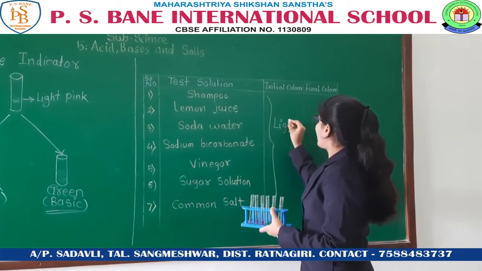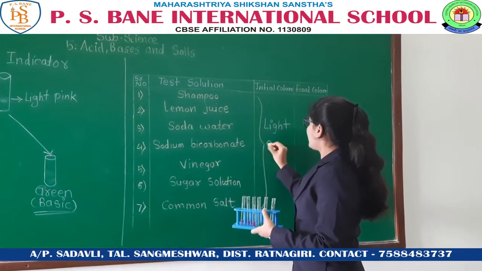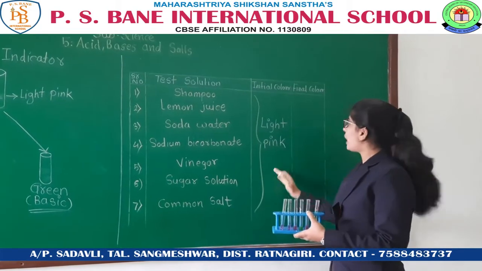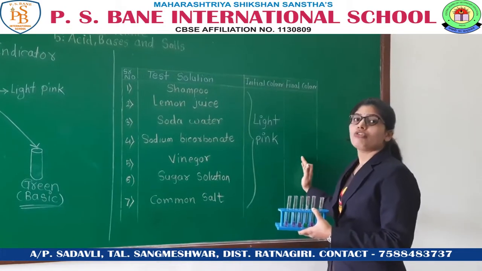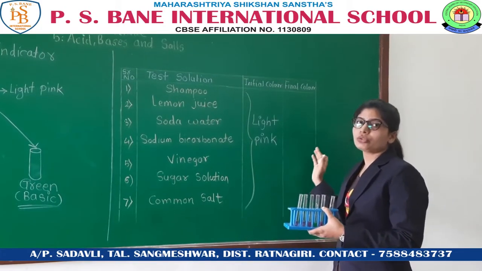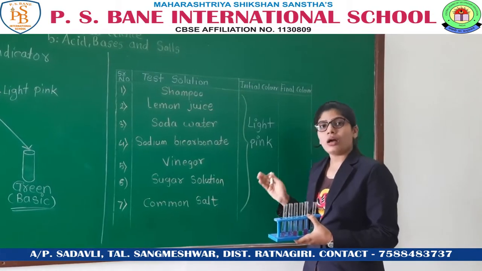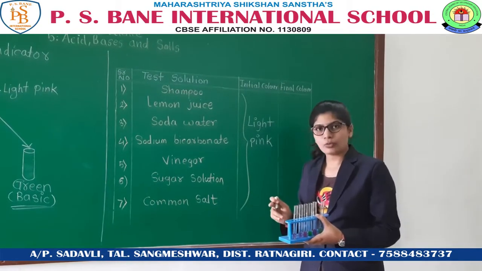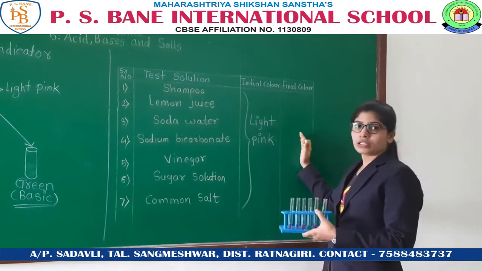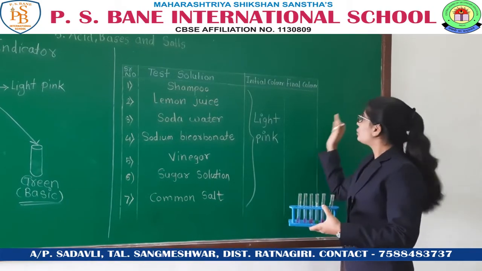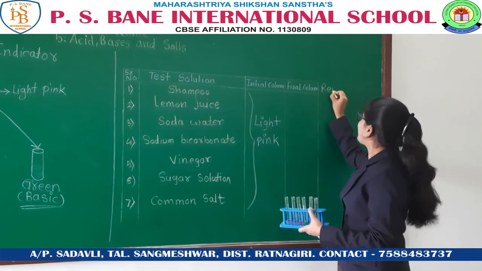Now here you have to write the final color and then check which one is acidic and which one is basic. In your textbook, initial color and final color columns are there, but while writing in your notebook, you have to add here a remark.